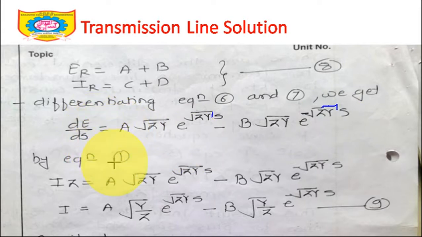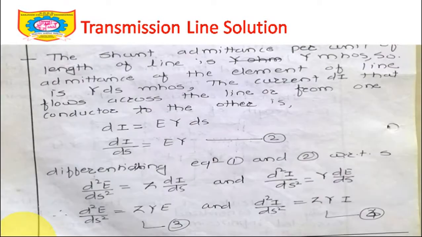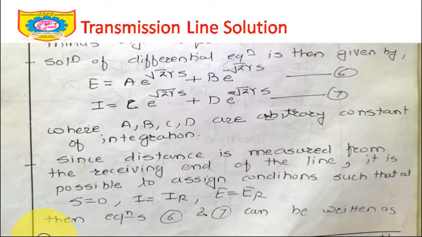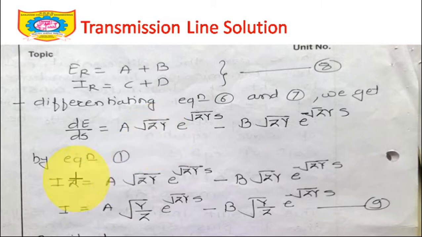So by equation number 1, what was our equation number 1? Let's go back here and try to understand. Our equation number 1 was dE by ds equal to Iz, and we have got another expression of dE by ds equal to this. So I will represent Iz is equal to this expression in terms of A and B. Right hand side as it is, just the left hand side dE by ds is now replaced by equation number 1, that is Iz. Now can I take this z to the denominator?